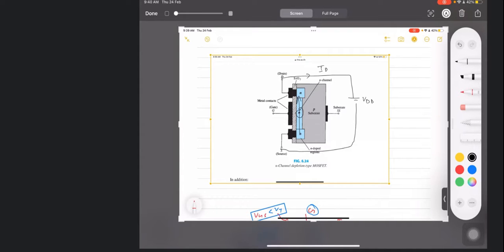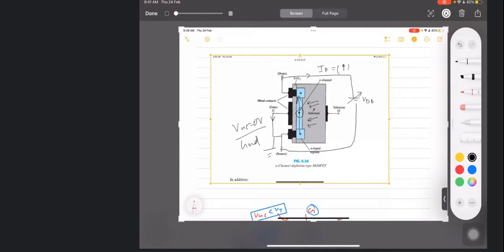ठीक है, even if this gate voltage is zero, अगर ये दोनों ग्राउंड है तो मीन्स VGS जीरो भी है, तो यहाँ चैनल बना हुआ है. हमें इलेक्ट्रॉन्स खींचने की जरूरत नहीं है यहाँ, राइट, to make the channel here, and current is going to flow by applying this VDD.